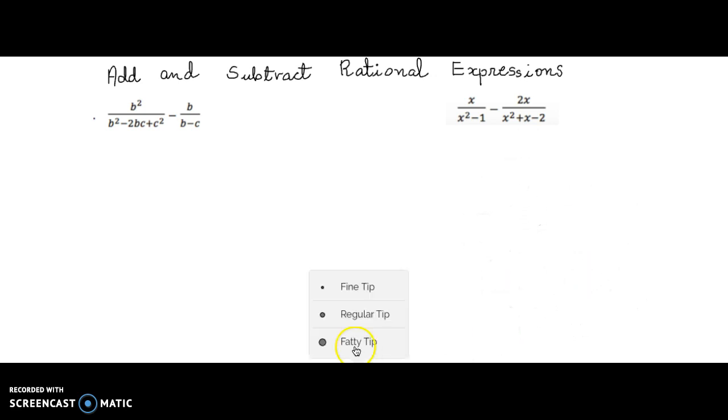So let's do the first problem, which is b square over b square minus 2bc plus c square minus b over b minus c. Whenever we are dealing with rational expressions, we have to remember to write them in factored form. That helps us a lot.